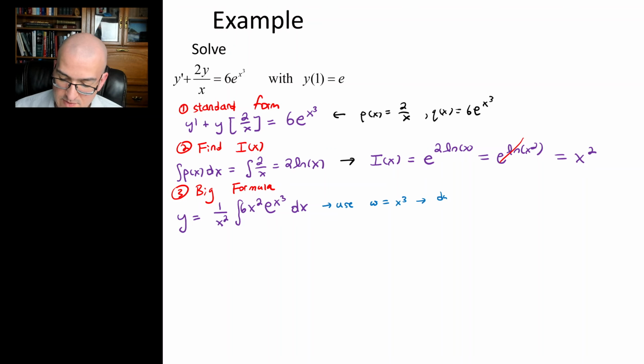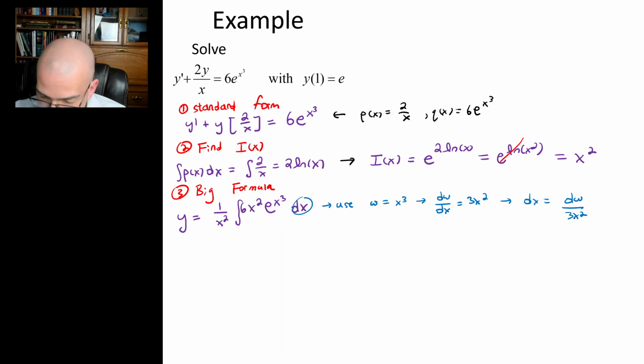So dw by dx is 3x squared. That means dx is dw divided by 3x squared. When we do this, make sure that you don't transform the outside of the integral. We're only transforming the integral itself.